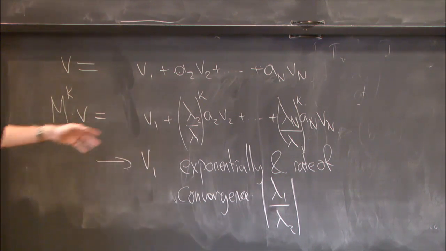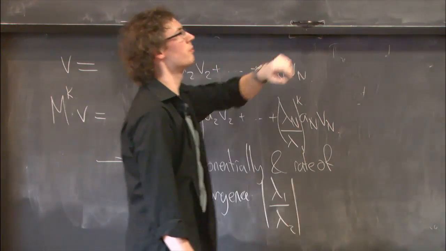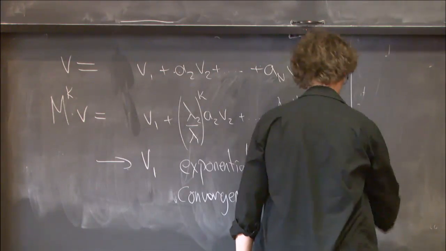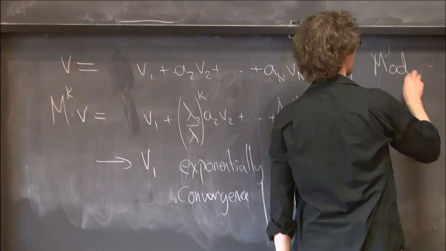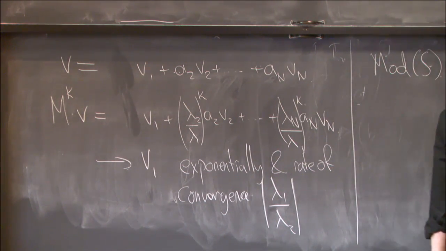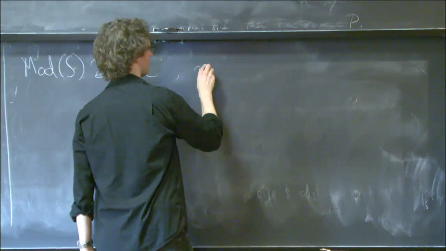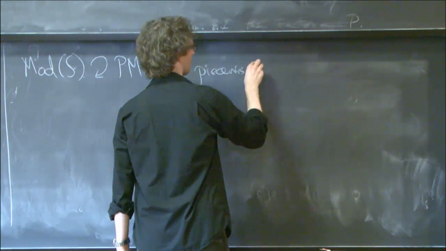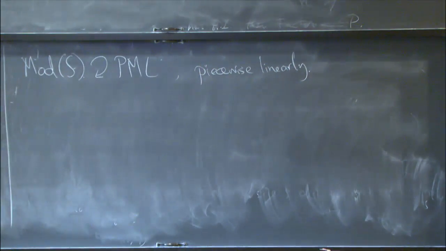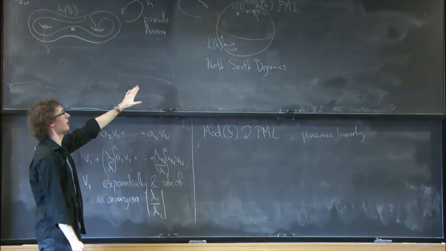So this is how we're going to get control over this rate of convergence up here in PML, thanks to the fact that these mapping classes, the mapping class group, in fact, acts on PML piecewise linearly. So this story that we started off with down here with matrices actually entirely holds up here for pseudo-Anosov mapping classes, so long as you're willing to go locally close to the stable lamination.